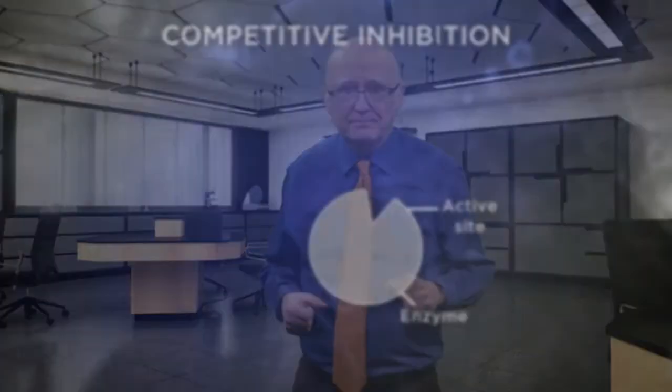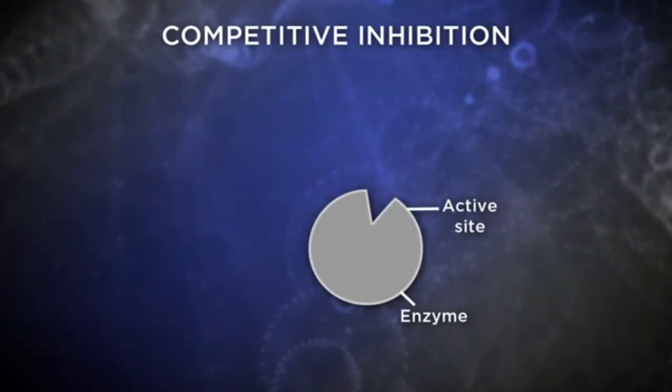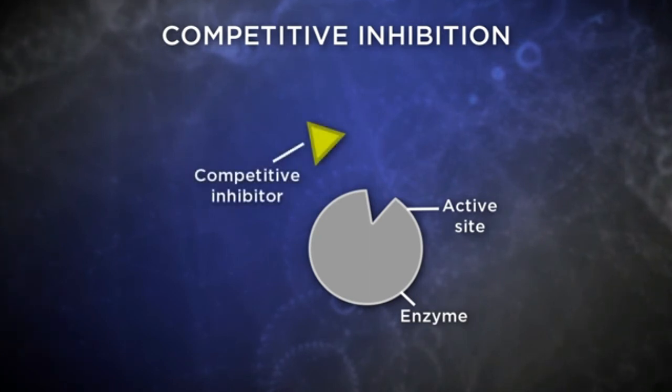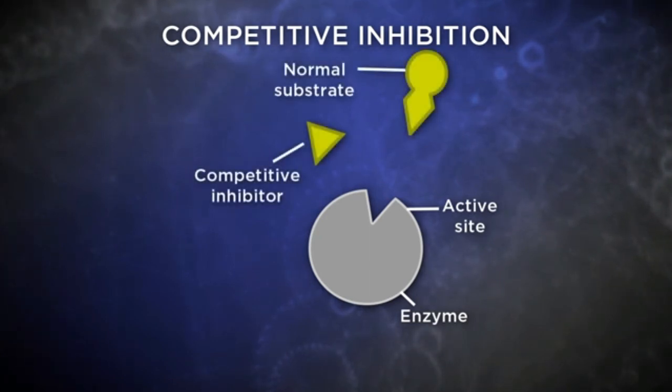Reversible inhibition comes in several forms on a spectrum from competitive to partially competitive to non-competitive and uncompetitive. But the most common of these for medical purposes is called competitive inhibition, and we're going to focus on that. In competitive inhibition, the inhibiting molecule resembles the normal substrate of the enzyme and competes with it for binding at the active site.